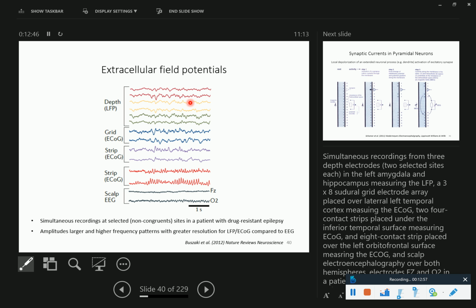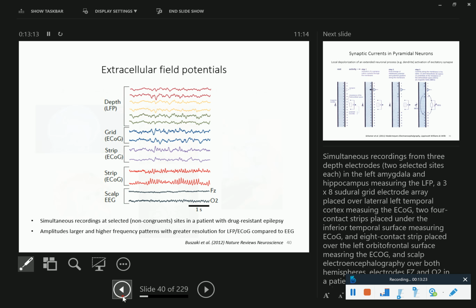Essentially, you need your own creativity to make some sense of it. And the thing is, it's not that the LFP electrode will tell you the truth of what's going on, and the EEG electrode will not tell you the truth. They detect the same overall activity, but at different distances.